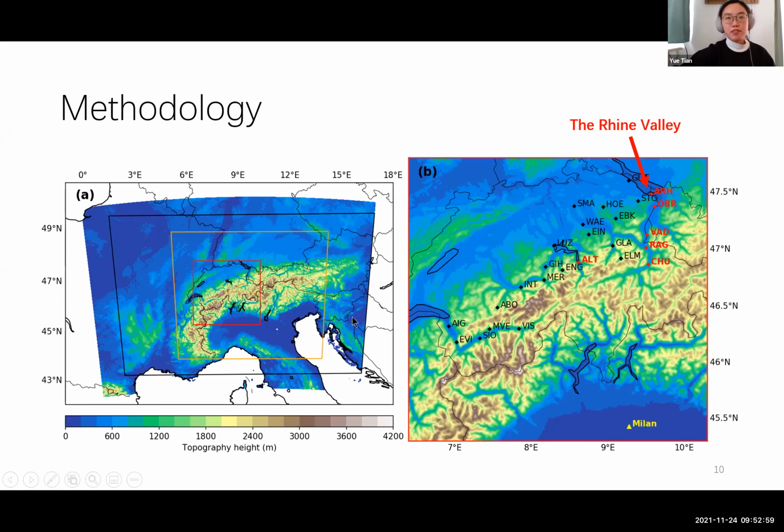And here on the left, you see the model domain. And on the right side, you see the locations of these stations. So mainly station observations from the north of the Alps, because we are studying south foehn, and one sounding station at Milan.